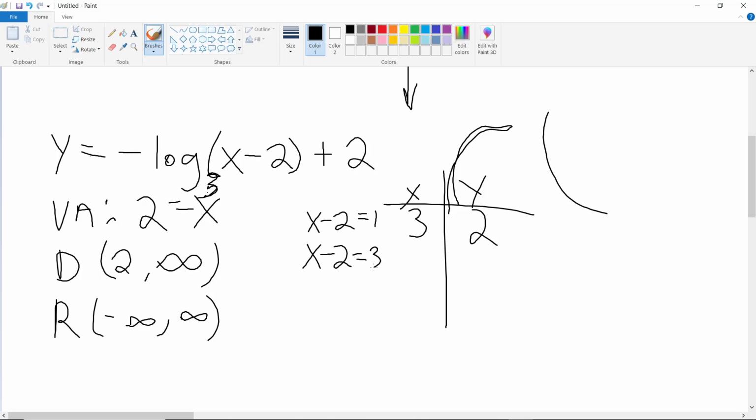I will add 2 to both sides. x is 5. So when x is 5, 5 minus 2 is 3. Log base 3 of 3 is 1. Negative 1. 2 minus 1 is 1. So now I've got my 2 points, 3, 2 and 5, 1, and my vertical asymptote is at x equals 2.